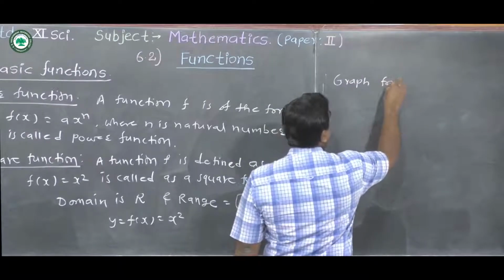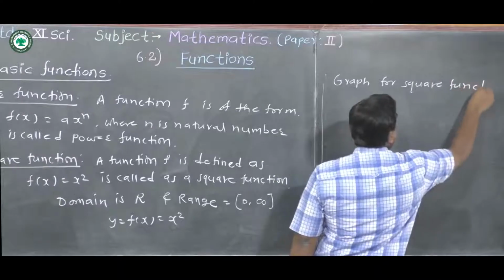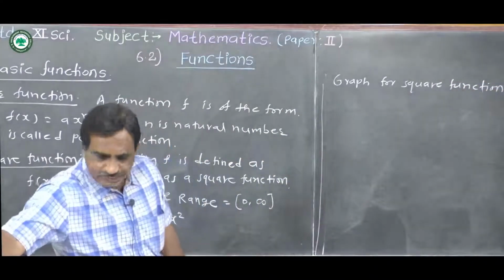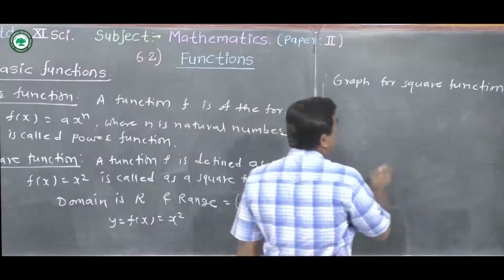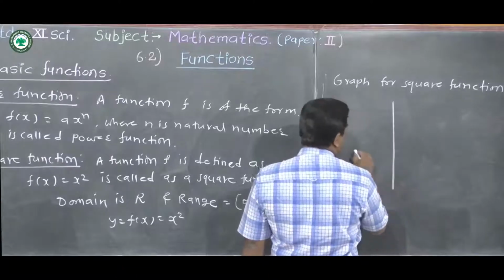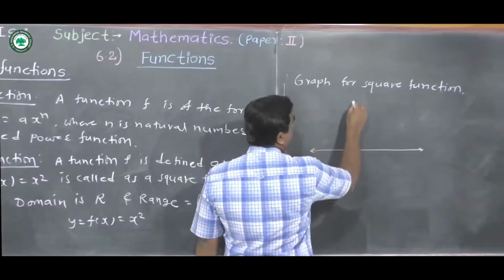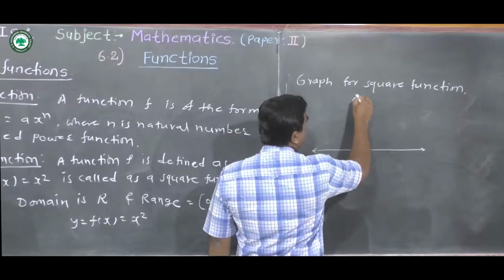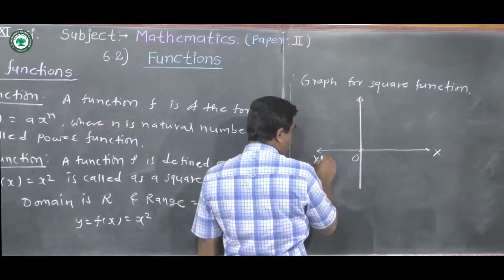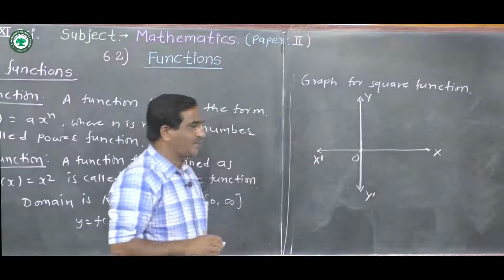Graph for square function is this: this is the x-axis, origin O, x dash, y, y dash, coordinate system.